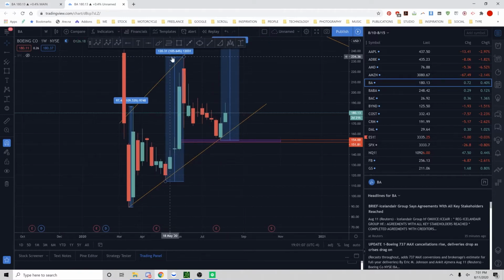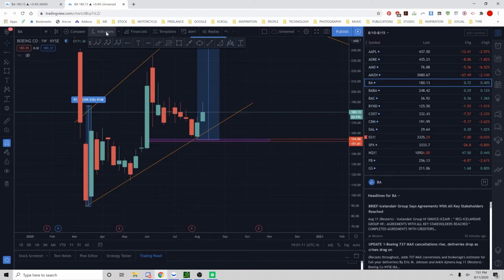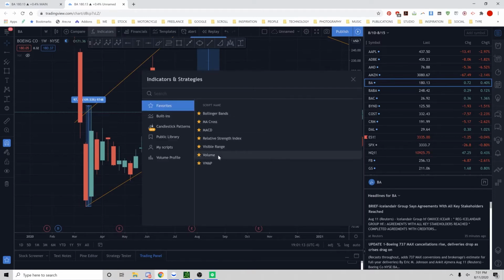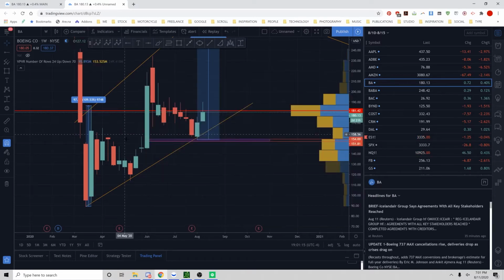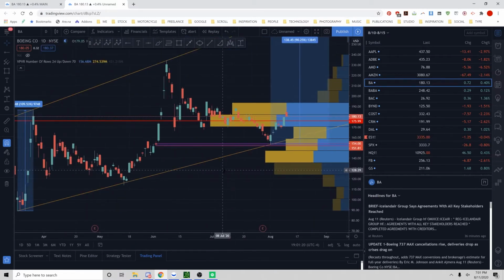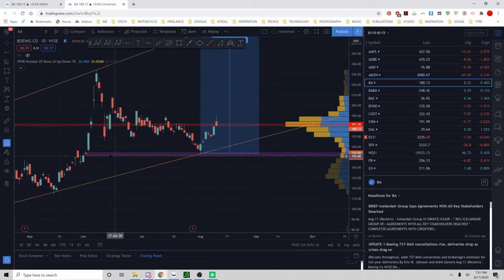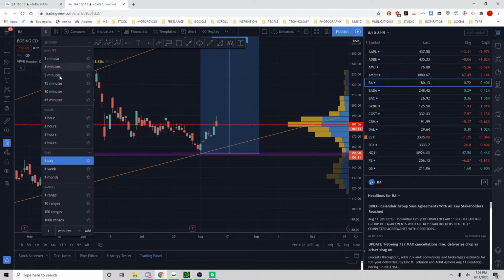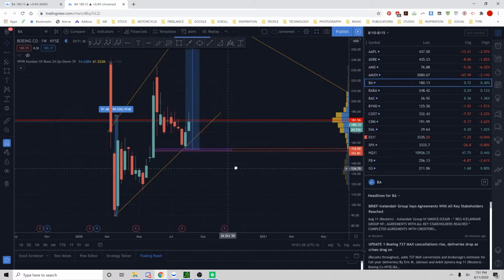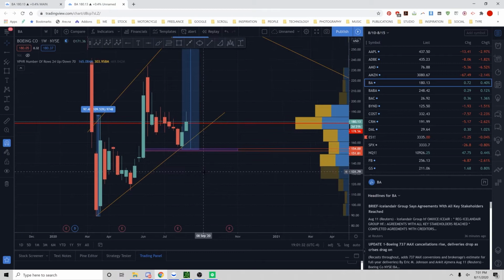But I was a little suspicious of this one, because if we look at the volume on the daily, there's still a considerable amount of volume right at this daily level, and I was really afraid that I would totally miss BA if I waited for it to get to 147-ish. I thought I would totally miss the train here.